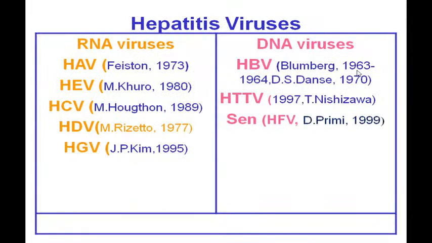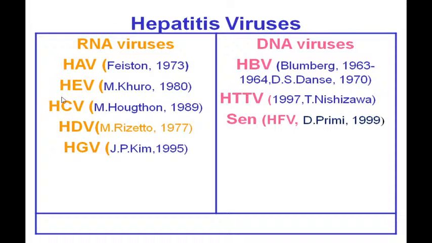So now this is a table where the hepatitis viruses discovered by now are mentioned. Here we can see a group of RNA viruses, and the first discovered was hepatitis A virus, discovered by Feinstone in 1973.